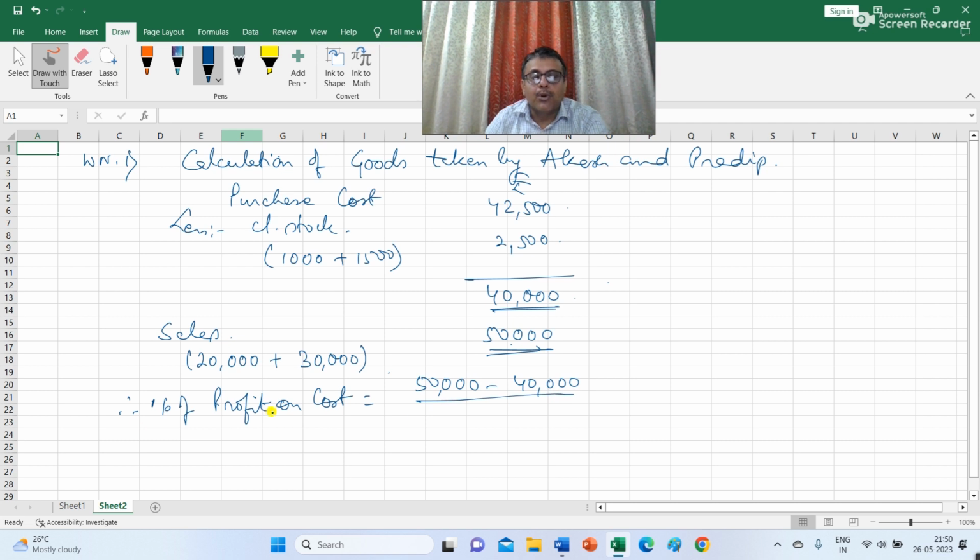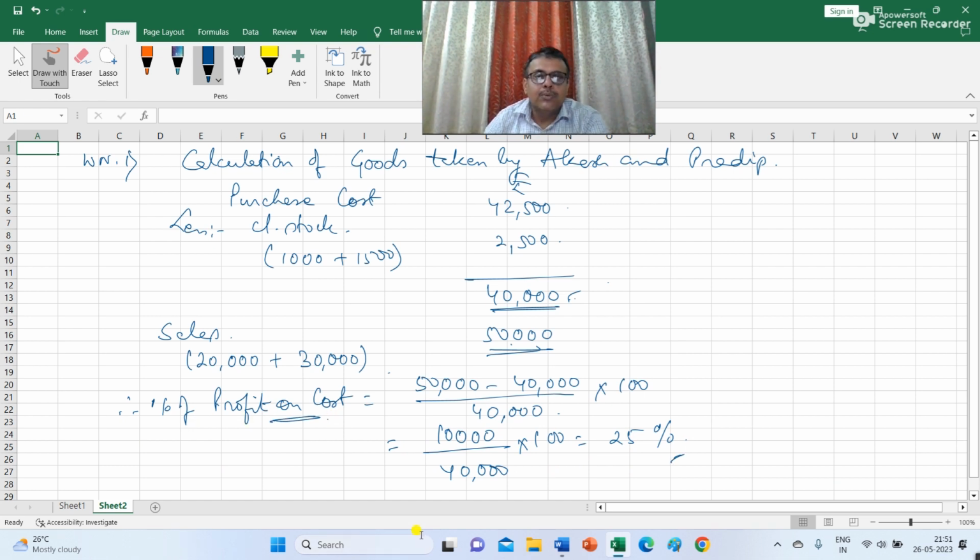What is the cost price of goods? It is 40,000. So divide this by 40,000 and multiply with 100. So 10,000 divided by 40,000 multiplied by 100 is equal to 25. So the percentage of profit on cost is 25%.